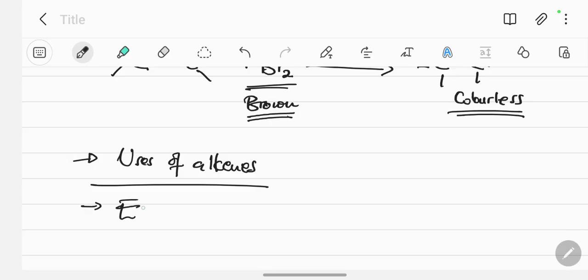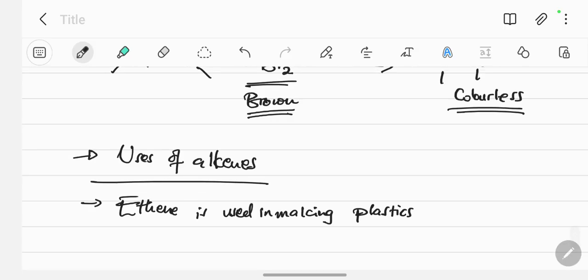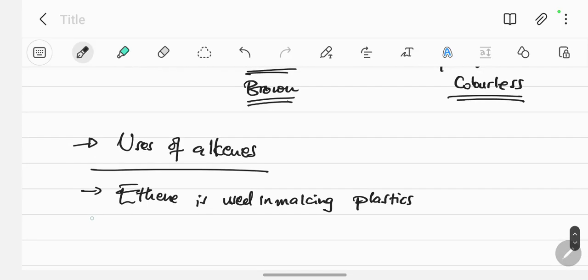So ethene is used in making plastics, like polythene, polychloroethene. Then ethene can also be used to make ethanol.